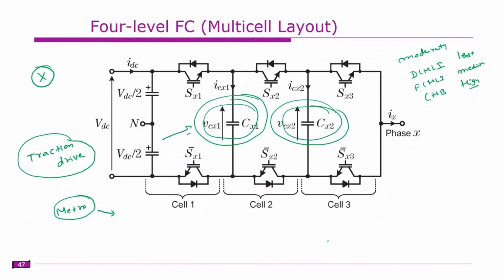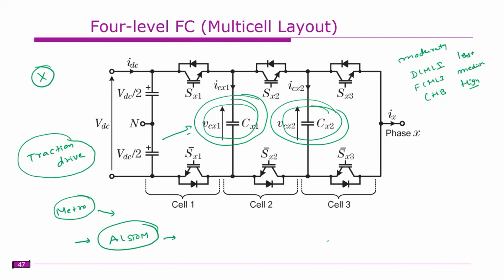Especially in metro applications, one of the leading manufacturers is Alstom. All these metro trains, especially Hyderabad or New Delhi, or it may be Mumbai, those motor drives or locomotives are procured from Alstom only.